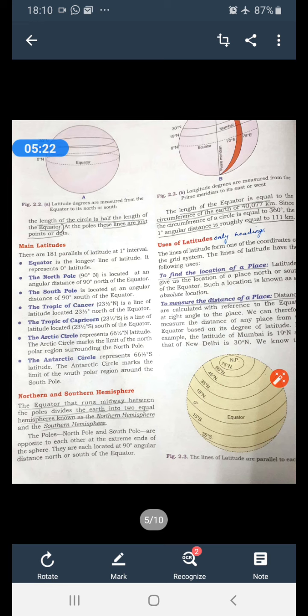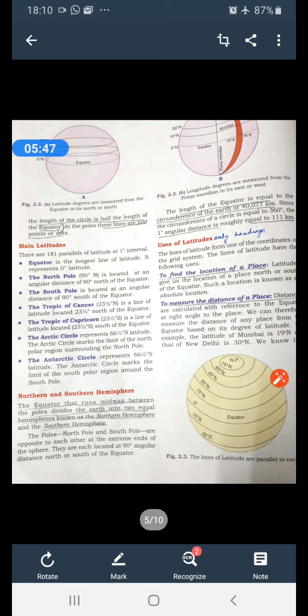The length of the equator is equal to the circumference of the earth, or 40,077 kilometers. And they've given you here the last line, 1 degree angular distance is roughly equal to 111 kilometers. So they are drawn at a distance of 111 kilometers on the globe.